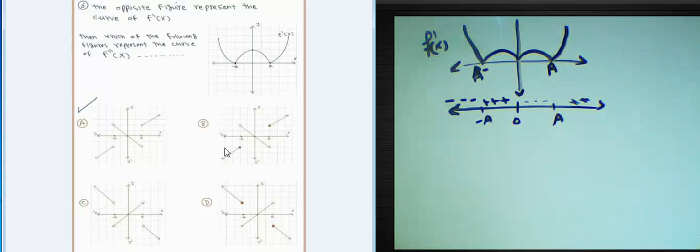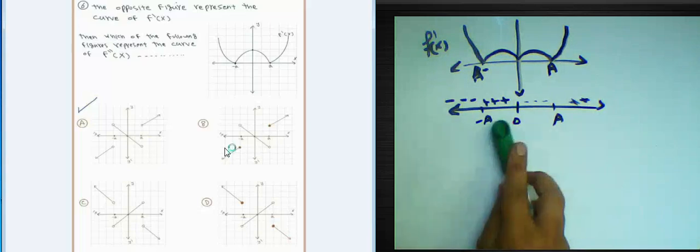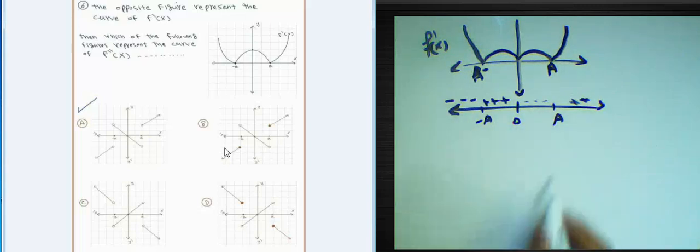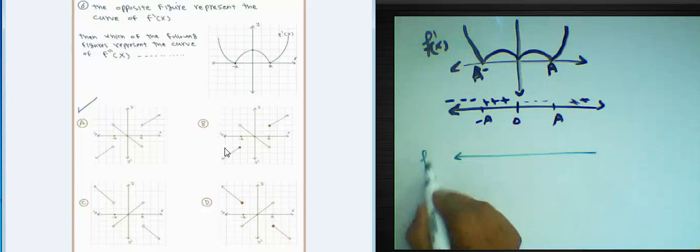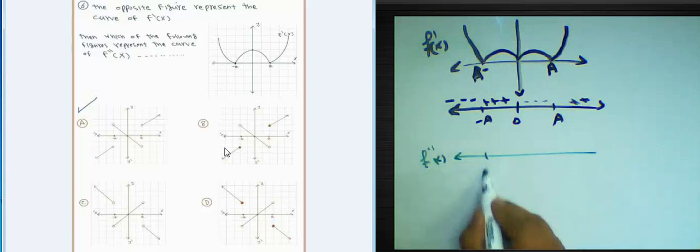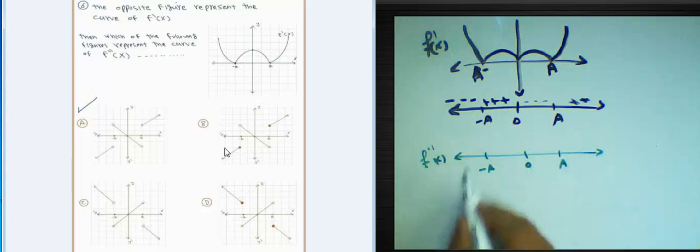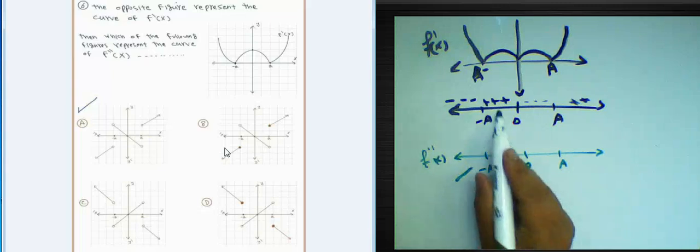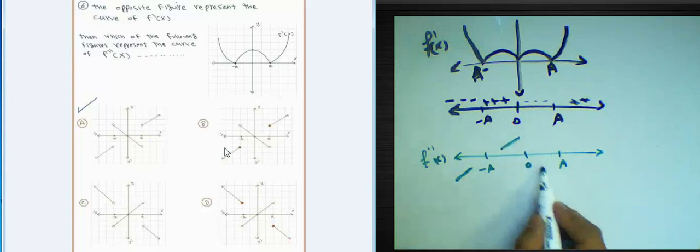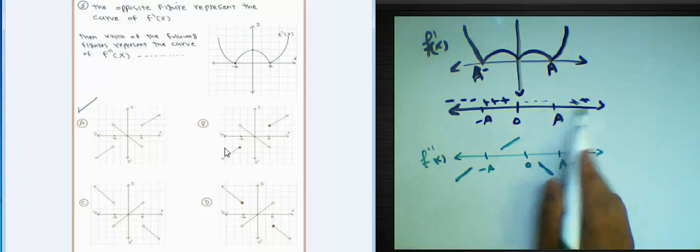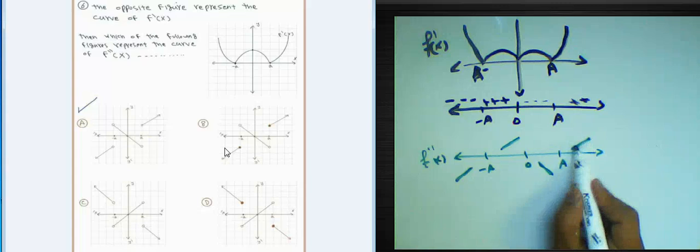Okay, what about negative and positive? Negative and positive. Negative means down, meaning for f double dash of x, at negative a and 0 and a here, negative means down. Positive means up. Negative down here, and positive means up.